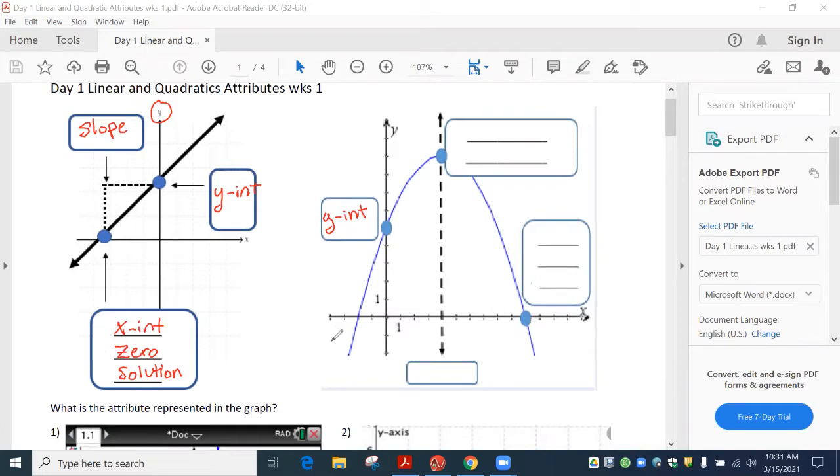And then the same with this one. Now, this technically has 2 of them, but we're only going to make you write 1 of them. The points that touch the x-axis are still called the x-intercept, the zero, and the solution. So those right there are really, really easy.